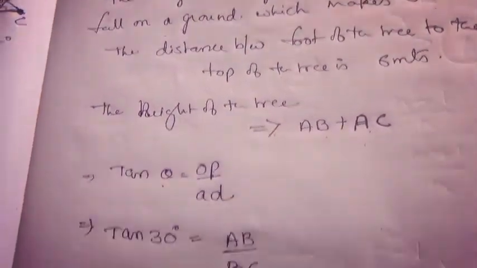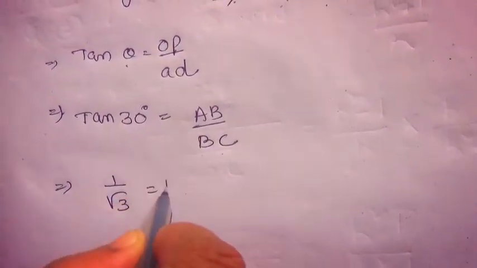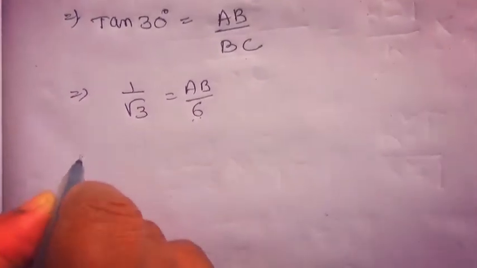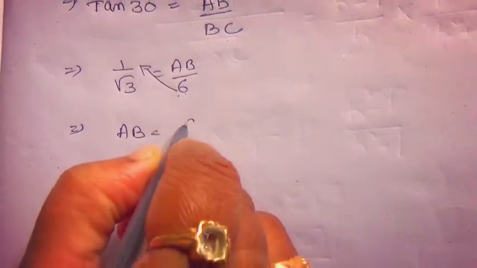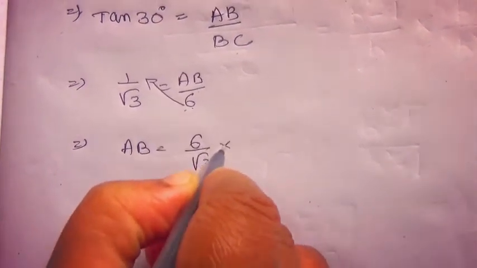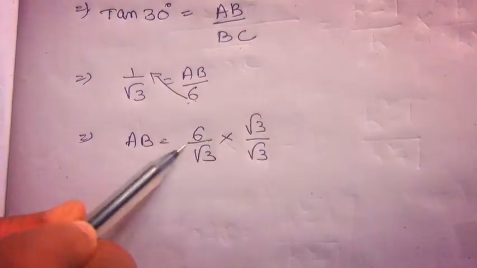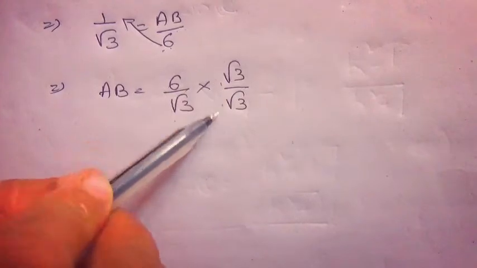That implies tan 30 degrees is 1 by root 3. AB we don't know. BC we know, that is 6. That implies 6 into this side, AB is equal to 6 by root 3 into root 3 by root 3. Why? Because here root 3 is in the denominator, for that I am doing this rationalization.